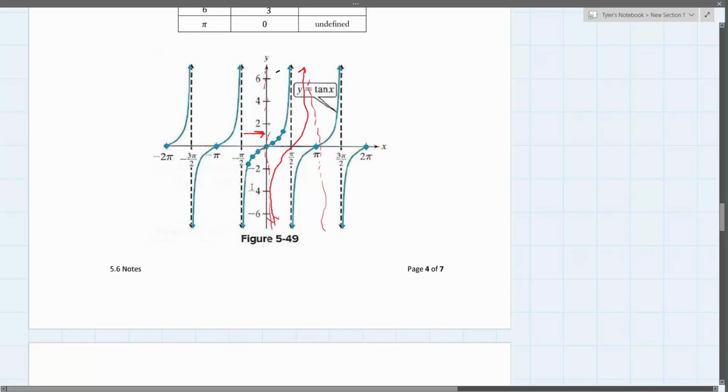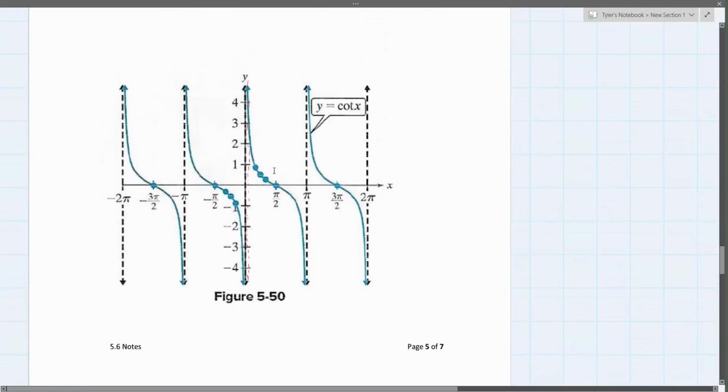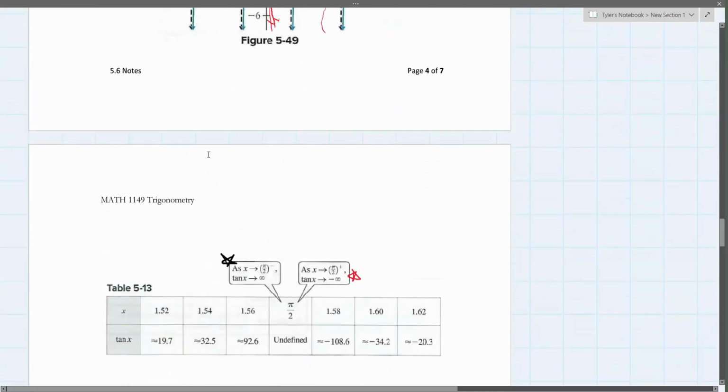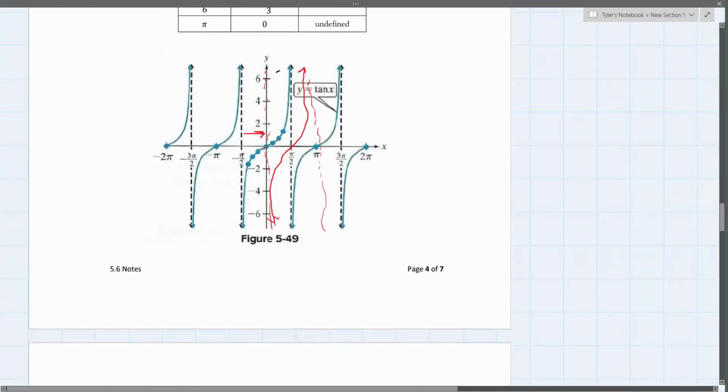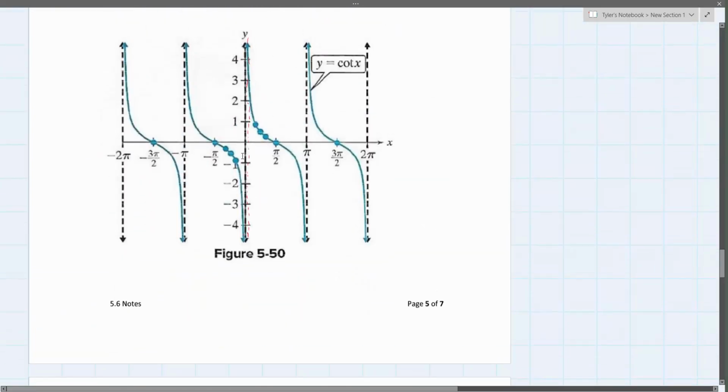right? So it's like increasing as we go through the graph. But if we look here, as x gets bigger, my graph's kind of decreasing for cotangent. So it's kind of like a flip across the x-axis, a reflection across the x-axis.